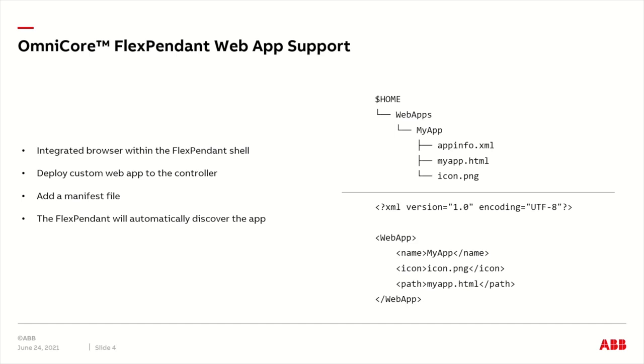You should also add a small XML manifest file, shown to the lower right, allowing the Flex Pendant to automatically discover the app and then create an application launcher icon on its start screen. The web app will run in a standard browser, which means that most standard third-party web development frameworks and toolkits can be used as preferred.